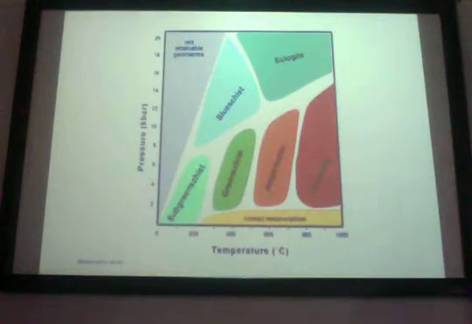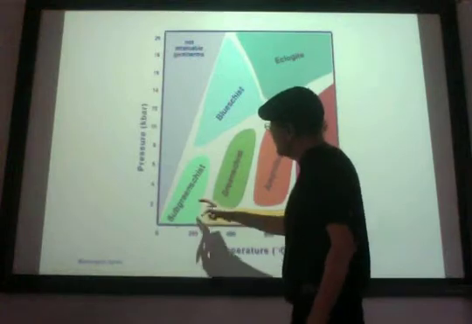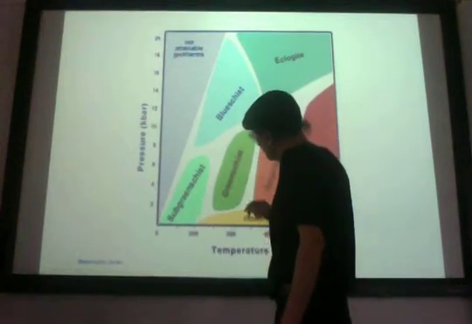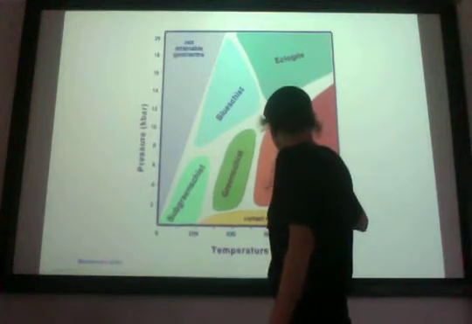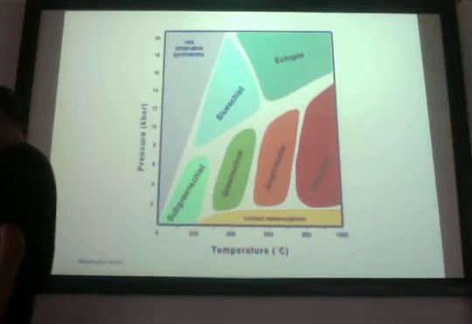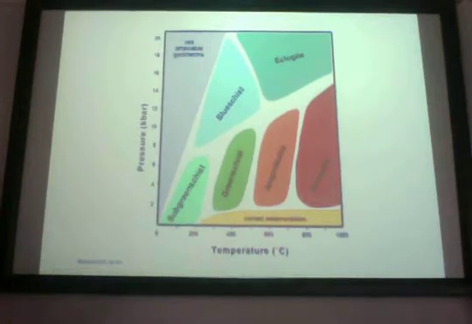If we are increasing the pressure and the temperature, then we are making a greenschist out of it, later an amphibolite, later a granulite. That is then typical for a continental collision zone.